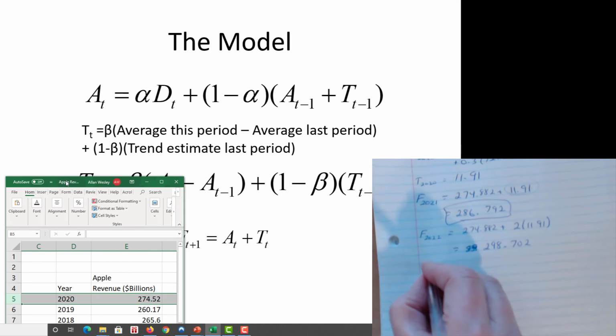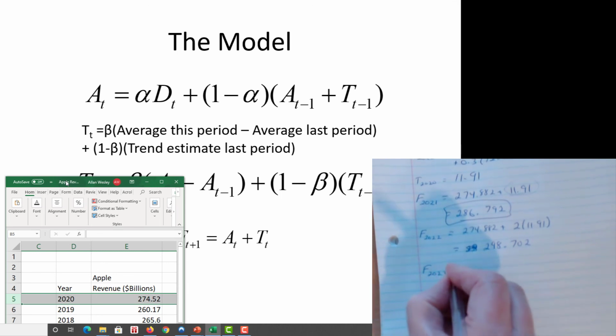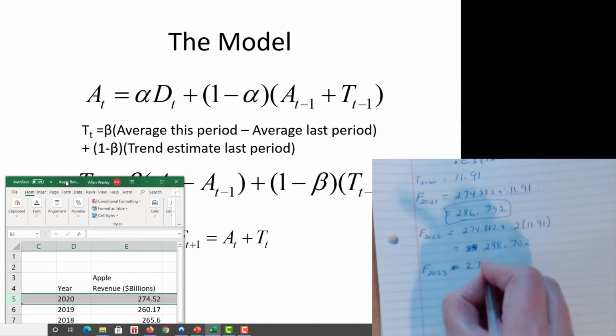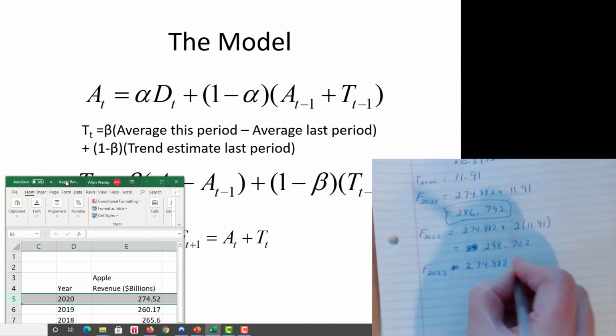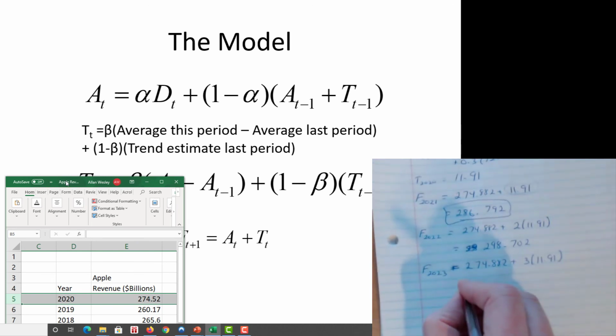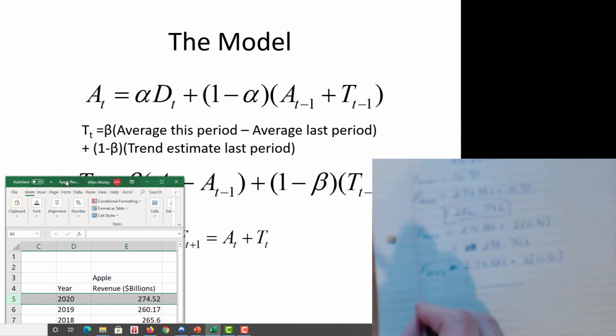We could also make a forecast for 2023. Again, we take the same average of 274.882 and add 3 times the trend, and we get our estimate.